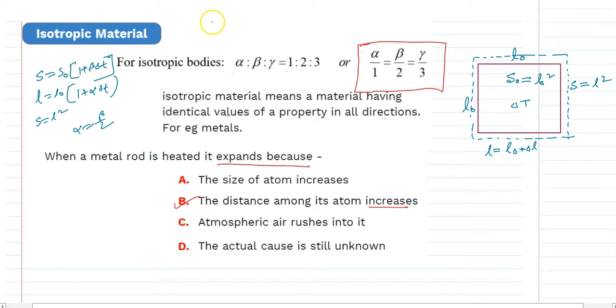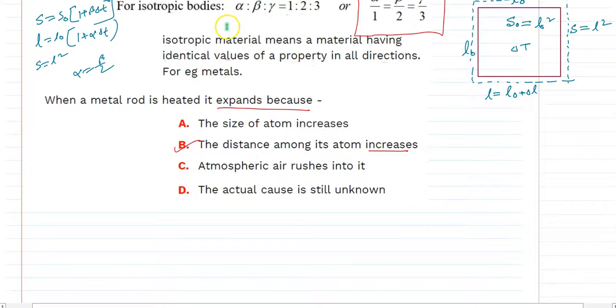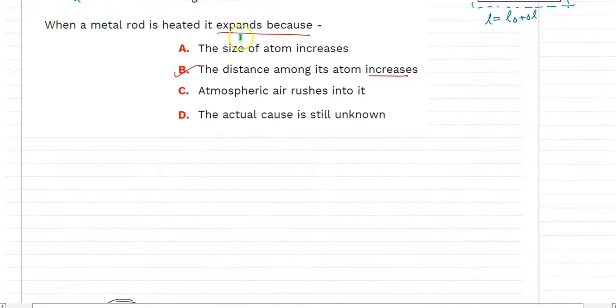To prove alpha equals gamma by 3, we have to choose a cube, with each side of length L0. With increasing temperature its size increases and the volume also increases, and you can prove that alpha equals gamma by 3. Now we will discuss some questions.